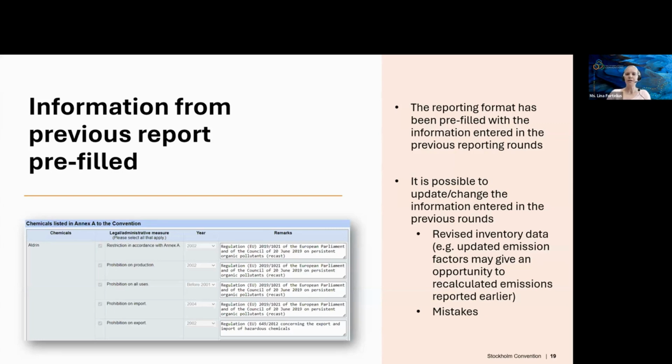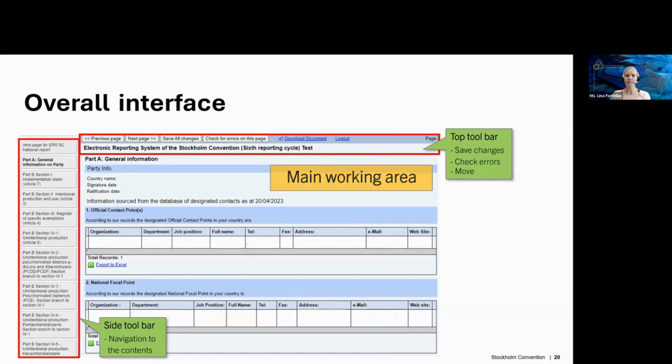Each reporting cycle is also an opportunity for you to update previously provided information, so as to correct previously reported data or to create a single complete report. And here is an overview of the reporting system.